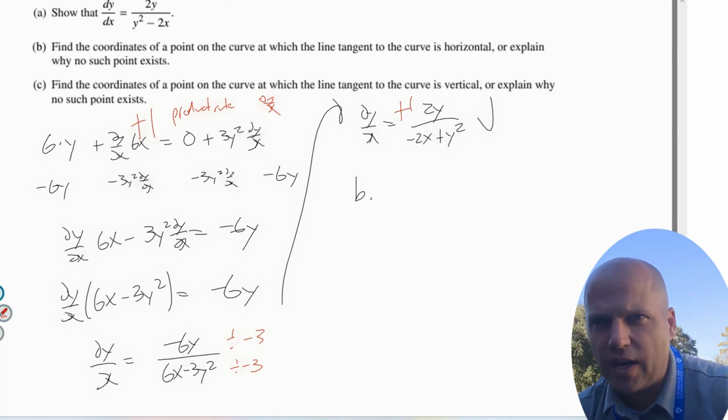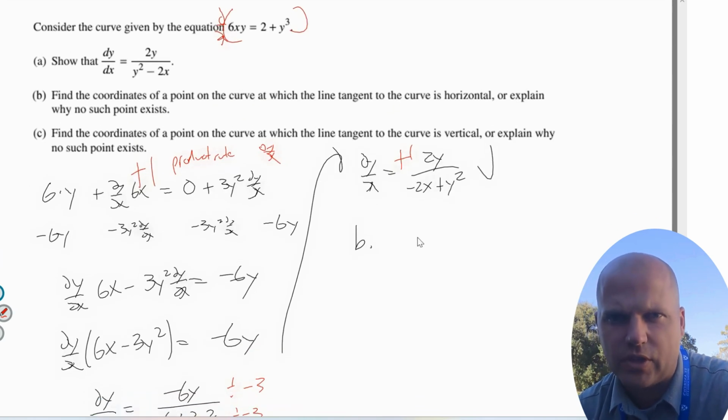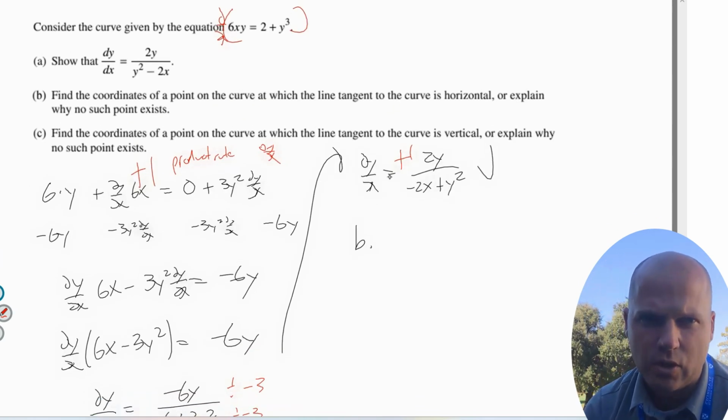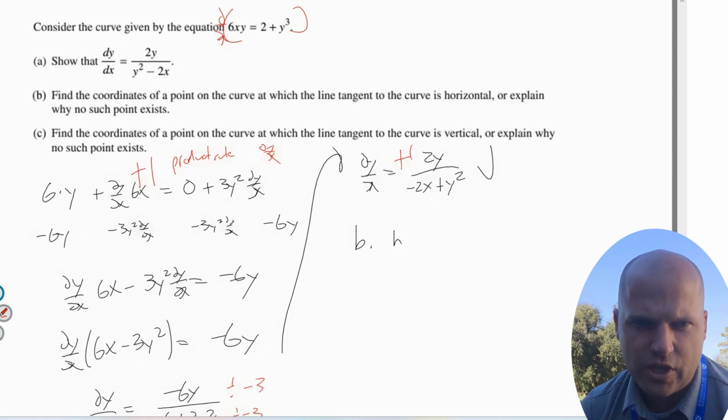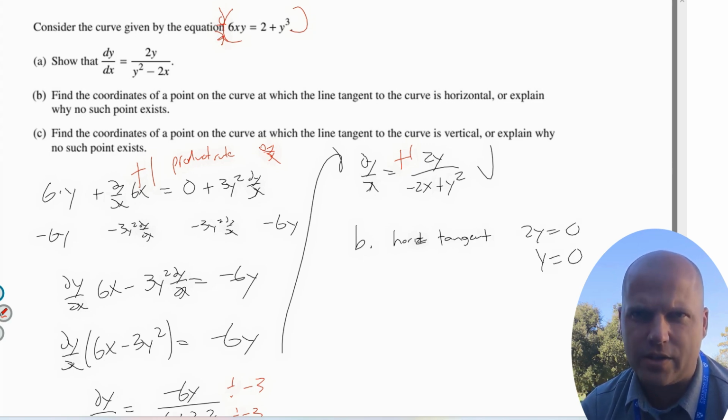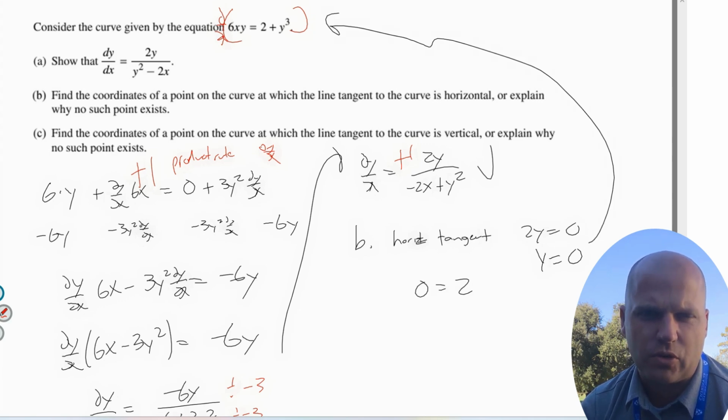Part B says find the coordinates of a point on the curve at which the line tangent is horizontal, or explain why that point does not exist. So you could say a horizontal tangent will be when your numerator equals 0. Your numerator equals 0 when y is 0. You plug that into your original equation, you get 0 equals 2.